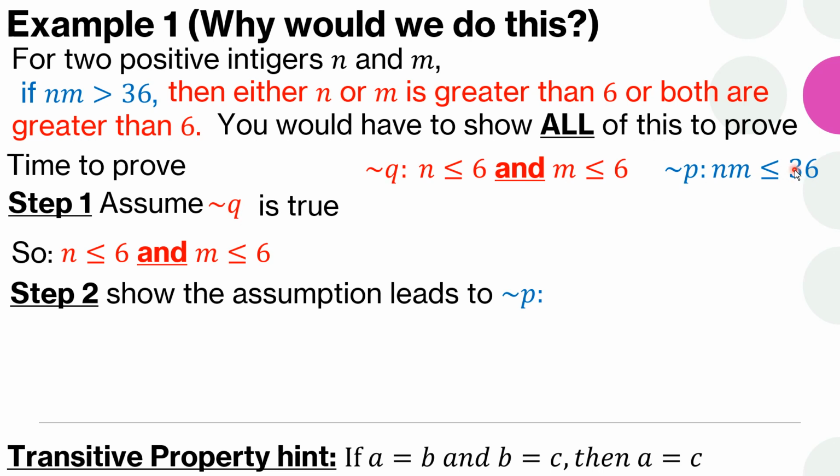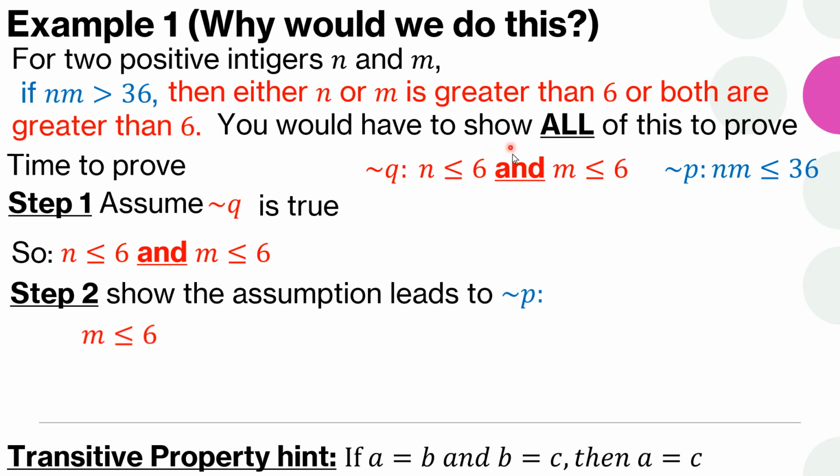Well, you can see how it's going to be pretty easy because as big as the number of these you can both get is 6. All right? But let's just go ahead and break it down. Notice that we're trying to get to nm less than or equal to 36 on one side. So m is less than or equal to 6.